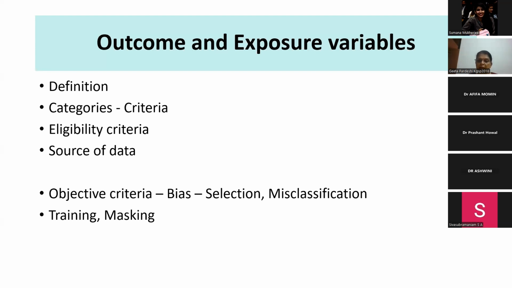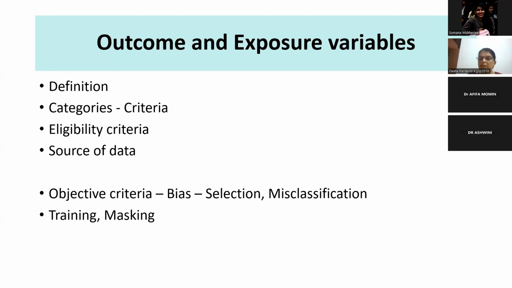Then eligibility criteria: whom am I going to include as a case of ARI, and which cases do I need to exclude. And then, of course, the source of data: from where am I going to get my data for the outcome, and from where will the exposure data be obtained? We have already discussed this, because the source of data for the outcome variable is the surveillance system.